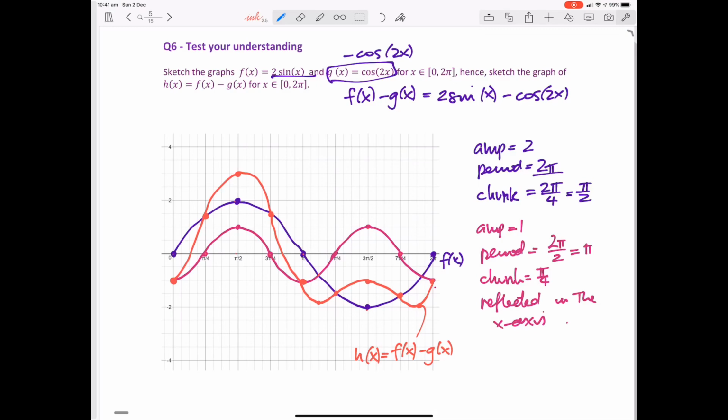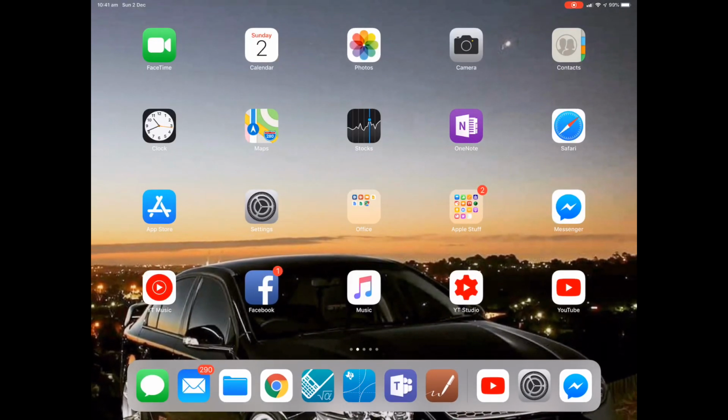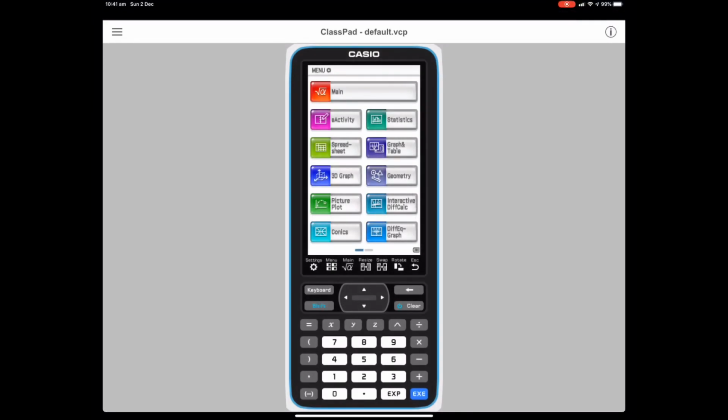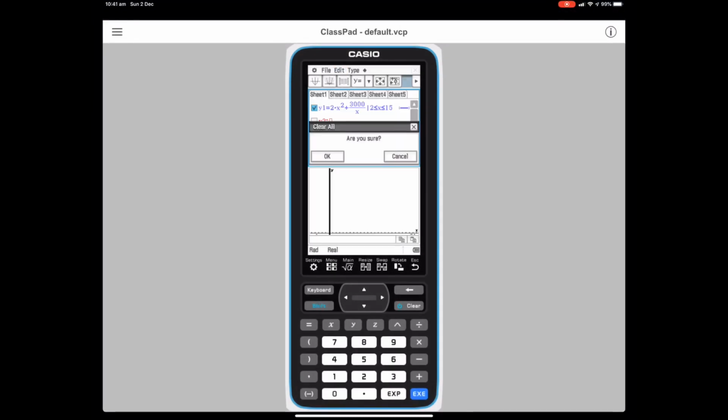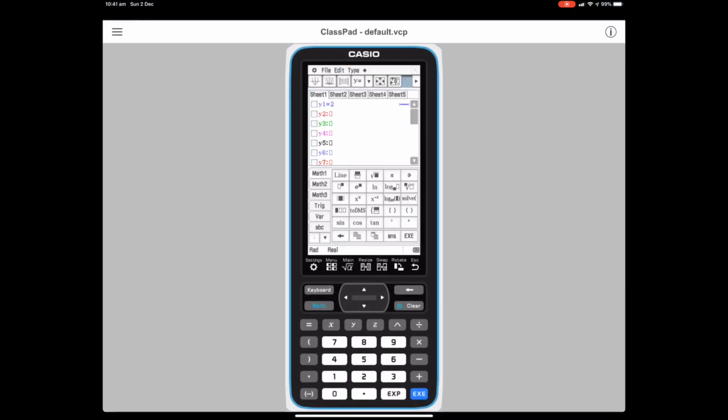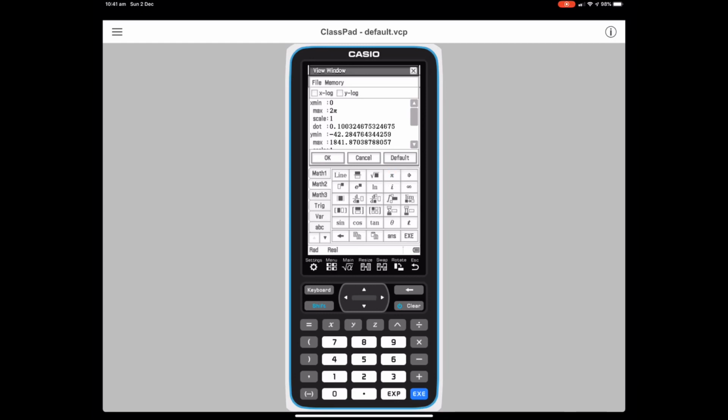I've got 2 sine x and then negative cos 2x. So let's clear this. So 2 sine x and negative cos 2x. Make sure my calculator's in radians. Tick, tick. Change my domain 0 to 2 pi. Let's go from -4 to 4. I think that's what I had on my graph.